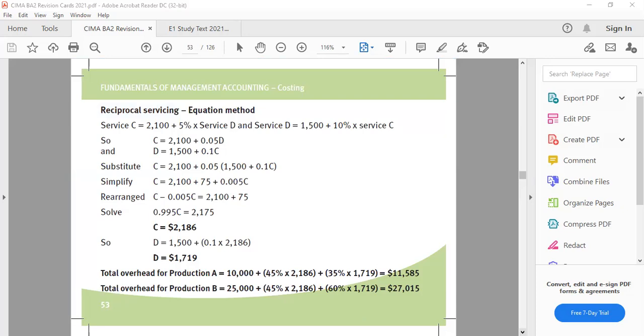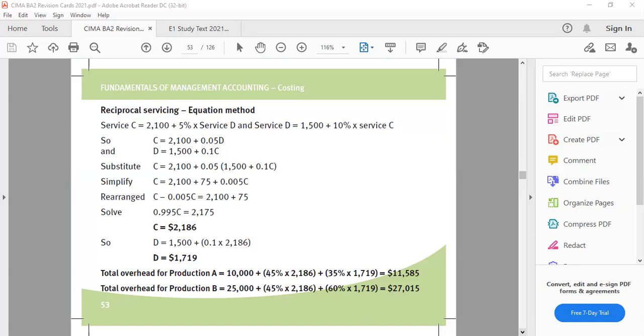But once this is all done, we can find out the total cost which is charged to the production departments. So this will be the total cost, now identified only with the production departments.